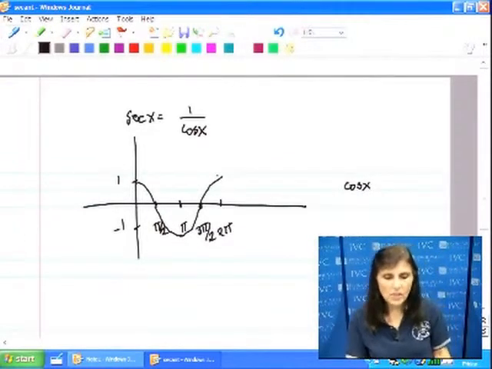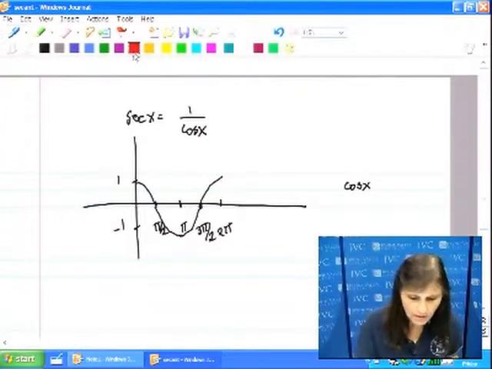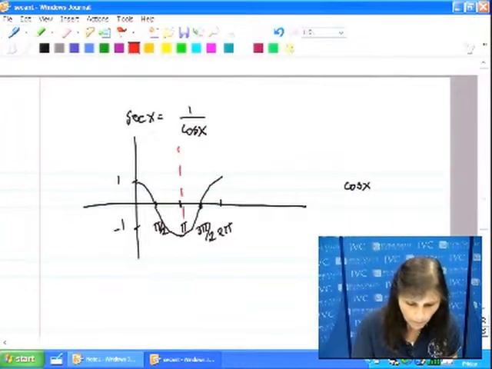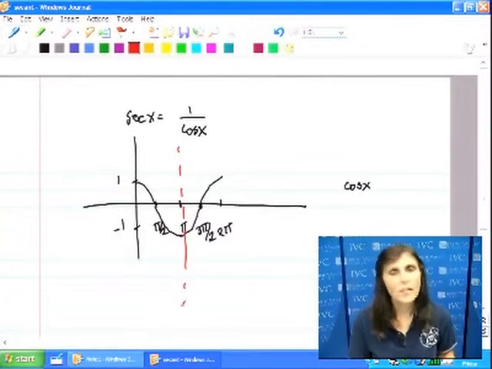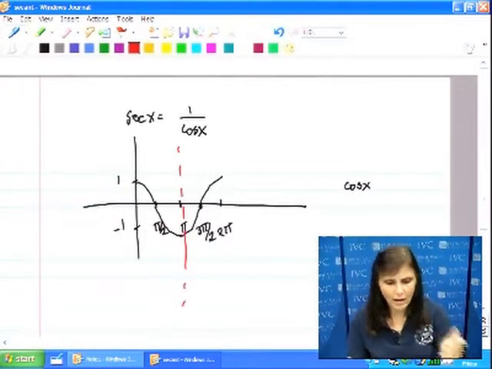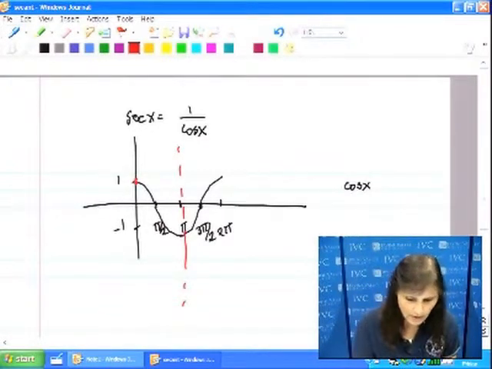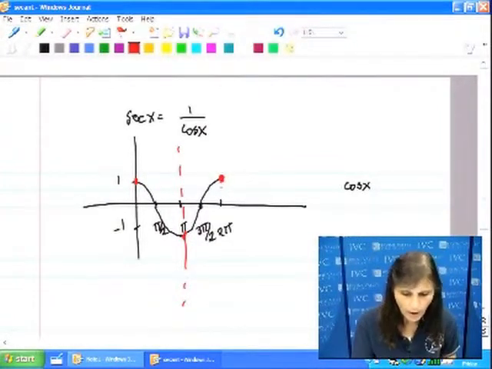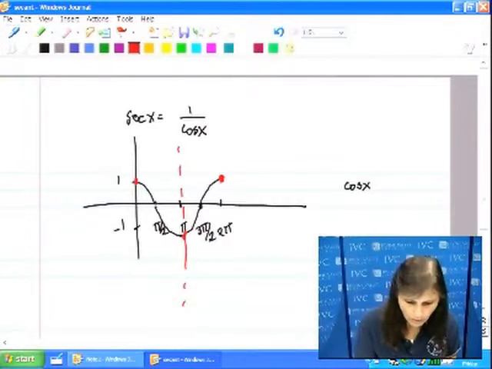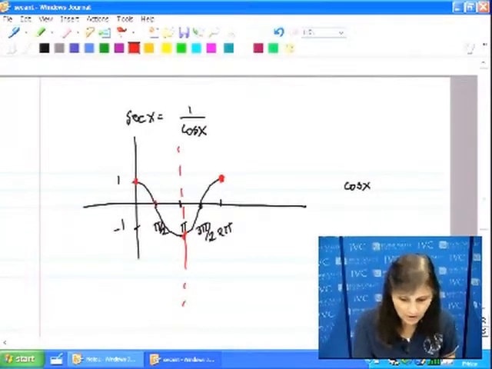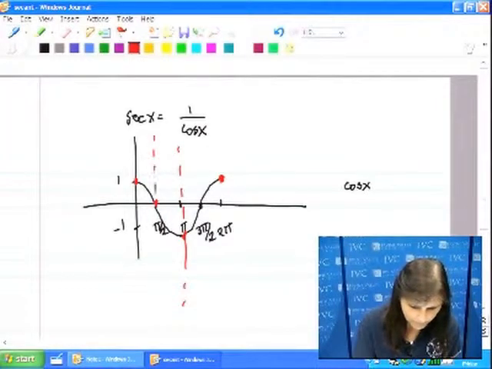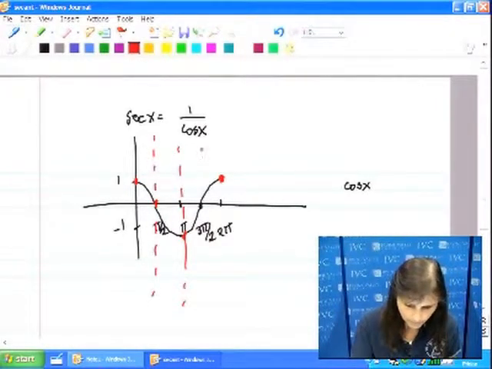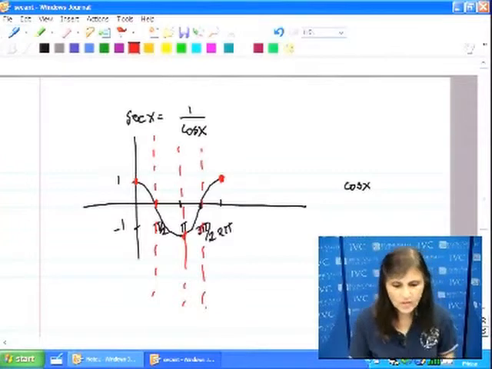Since secant is simply 1 over cosine, it's going to be 1 over 1 here. It's going to be the same. But when cosine is 0, it's going to blow up. The sign of it is going to stay the same.